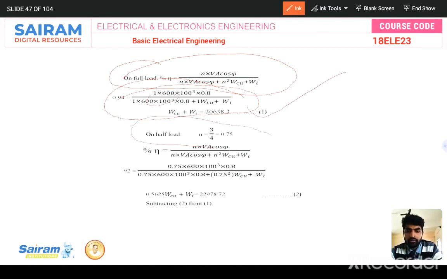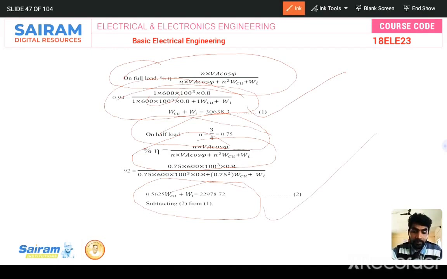And on 3/4 load, just to substitute the values like this, you will get the equation 0.5625 WCU plus Wi. You will get two equations from both the loads, like full load and 3/4 of load. We got these two equations.